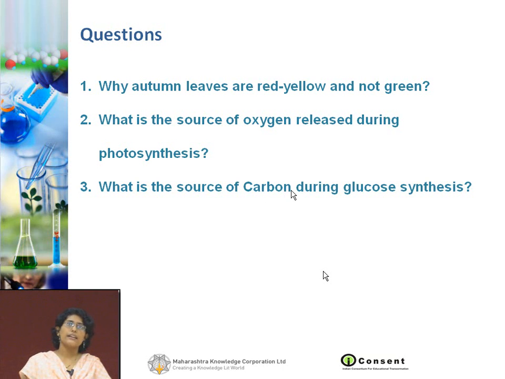The carbon dioxide reacts with ribulose bisphosphate in the presence of enzyme Rubisco to produce 3-PGA, that is 3-phosphoglyceric acid. From this phosphoglyceric acid, G3A, that is glyceraldehyde 3-phosphate is produced, and glyceraldehyde 3-phosphate when regenerates RUBP, that is ribulose bisphosphate, the glucose molecule is produced.